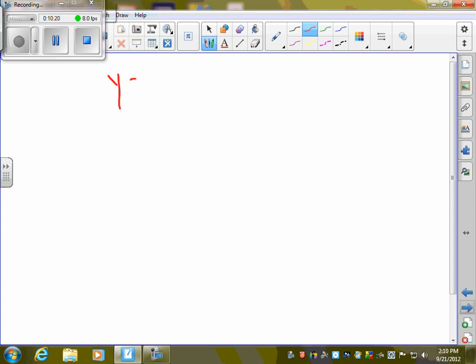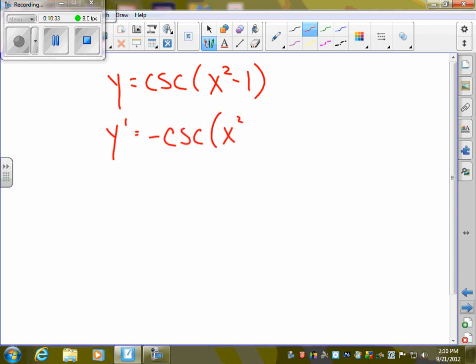Let's try one a little more difficult. Y equals cosecant of x squared minus 1. The derivative of cosecant of something is negative cosecant of something, cotangent of something, times the derivative of the something.